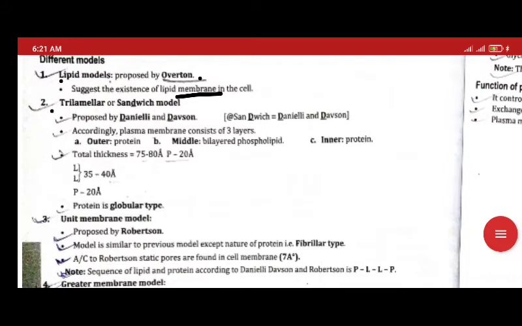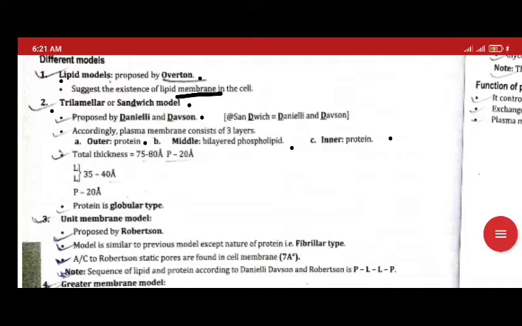Now the trilamellar or sandwich model, given by Danielli and Davson. According to them, the outer layer is protein, the middle is lipid, and the inner is also protein, like a sandwich.